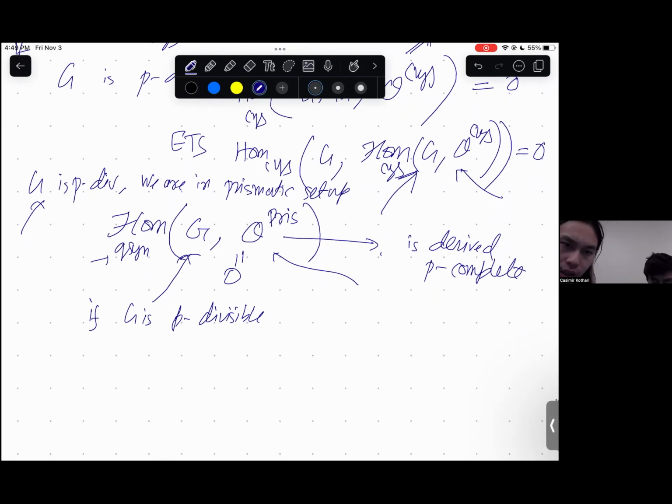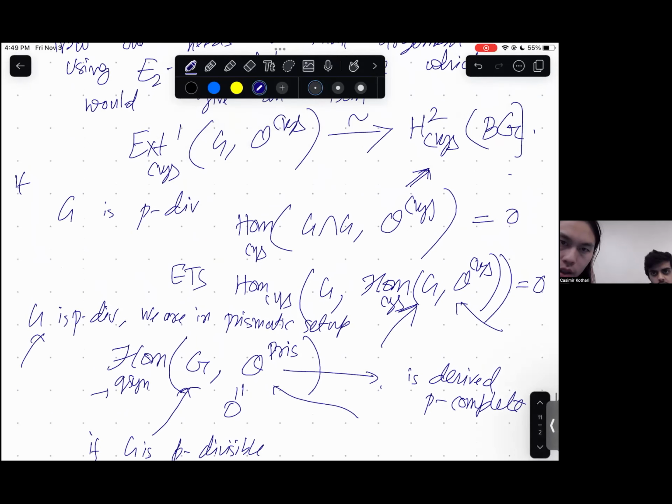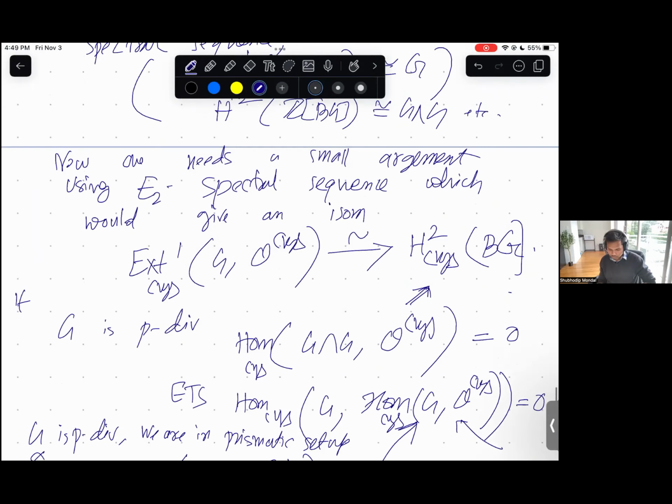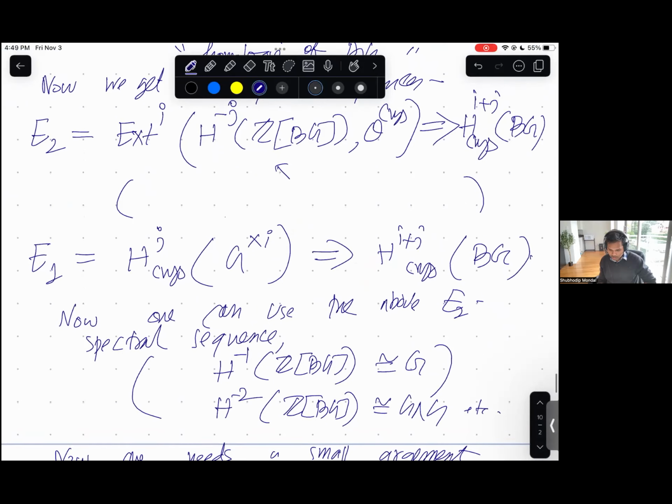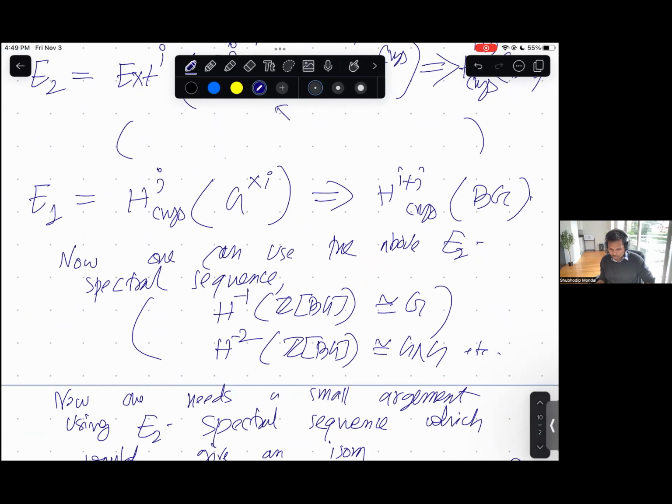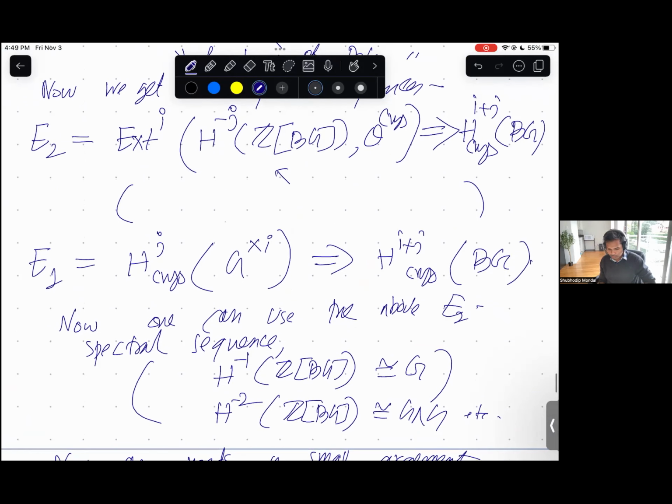Sorry, why don't we use the E1 spectral sequence? You can use the E1 spectral sequence too, and it's good for certain other kinds of computations. Say if you wanted to calculate the crystalline cohomology of BG, where G is an abelian variety, there this spectral sequence is very useful.